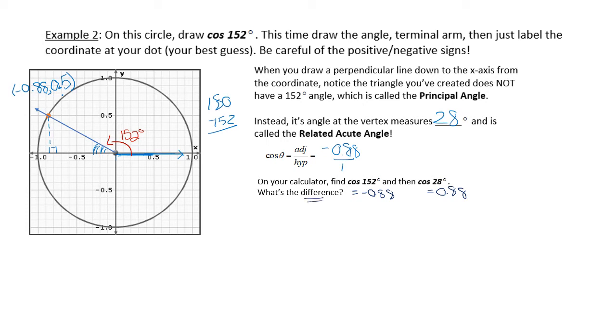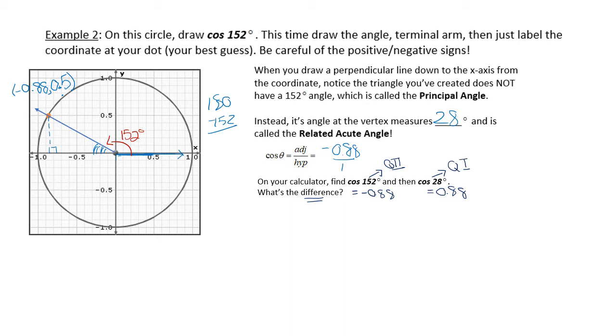The difference is that cos of 152 is in quadrant 2, right? This one was obtuse. If you put 28 degrees in your calculator, it knows that 28 is acute, so it's assuming that you've drawn an angle in quadrant 1.